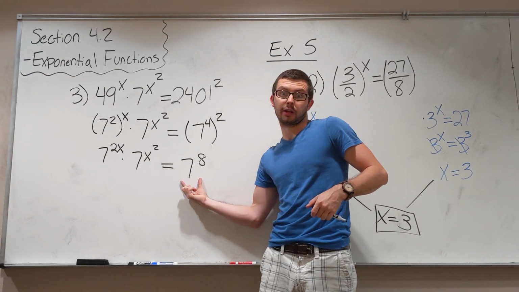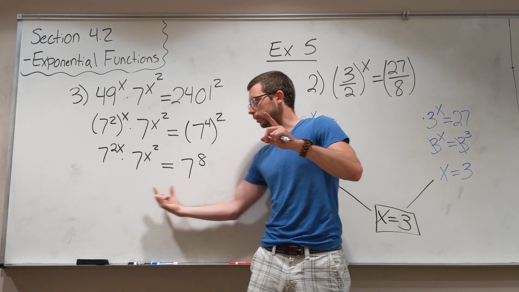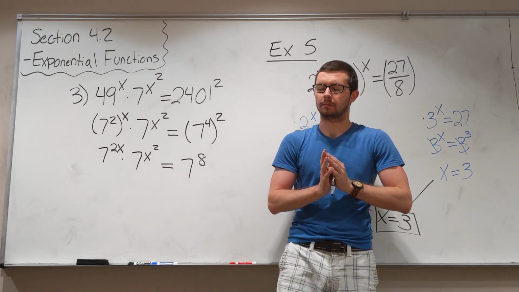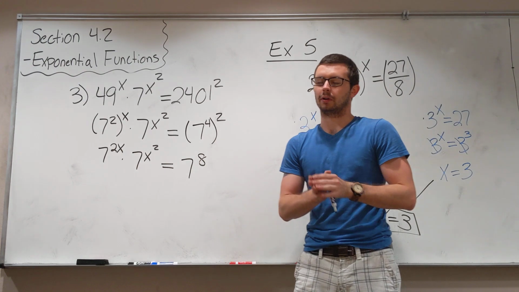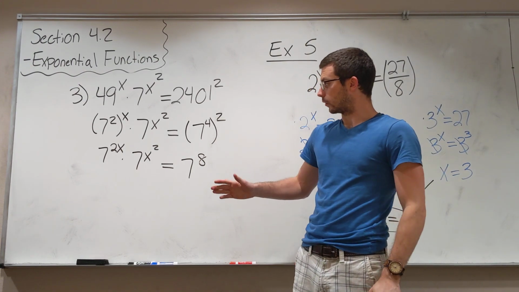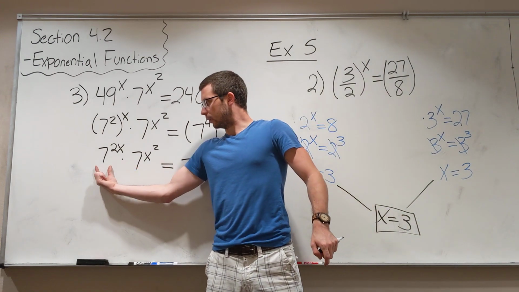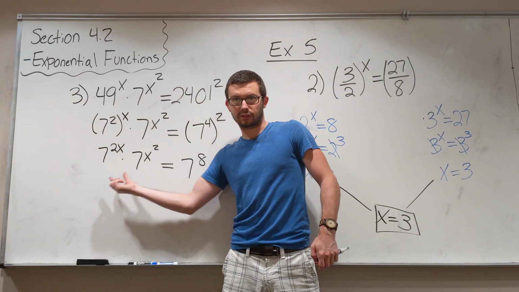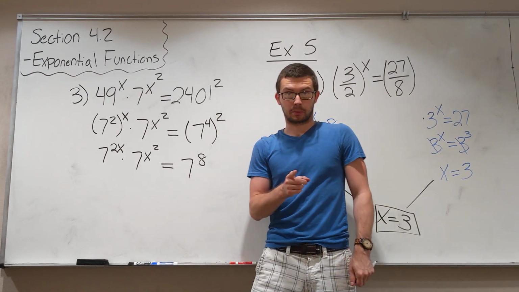The right-hand side is ready. There's only 1 base. Left-hand side, there's 2 of them, and we need to bring them together to give us 1. But you may remember another one of the properties from the law of exponents that says if we have 2 exponents being multiplied together with the same base, we can add the exponents together.